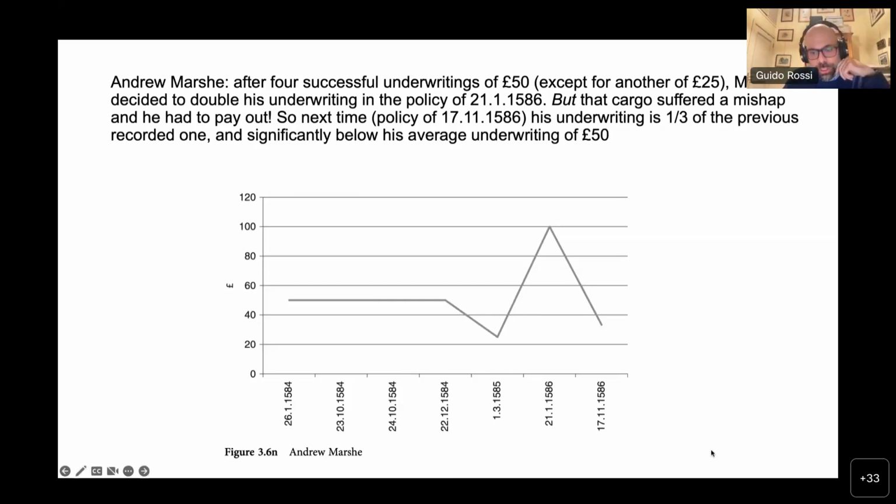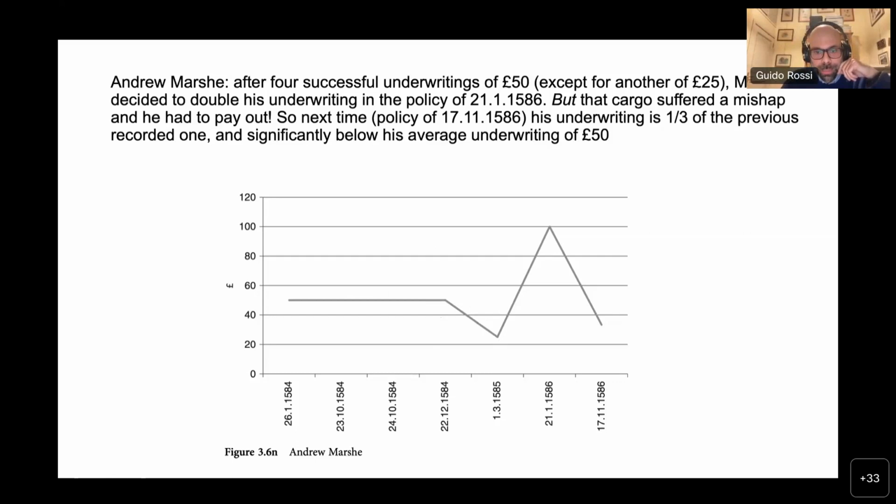This is Mr. Marsh. Mr. Marsh insures in several policies the same amount of money, £50, which at the time is a lot of money. He decreases a little bit his insurance in a policy of 1585, but then becomes overconfident because things so far were going okay. These policies, as far as I know, didn't really have any mishap. There was no accident, nothing. Everything went smoothly.